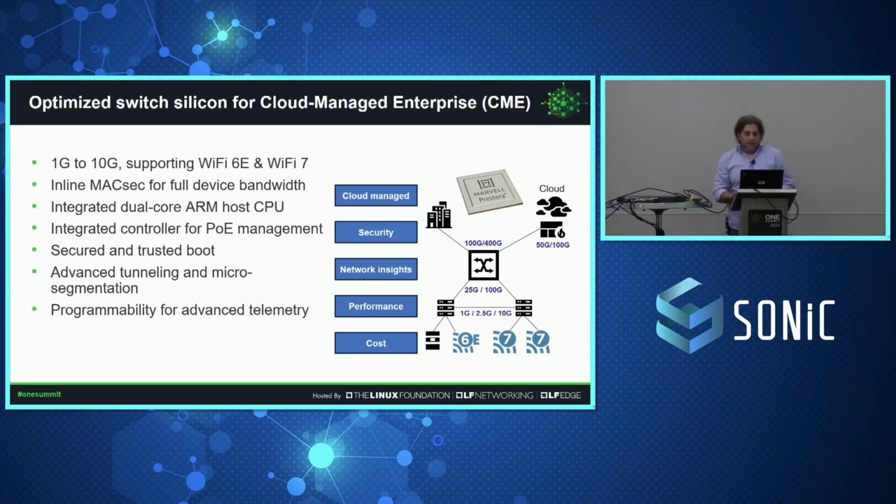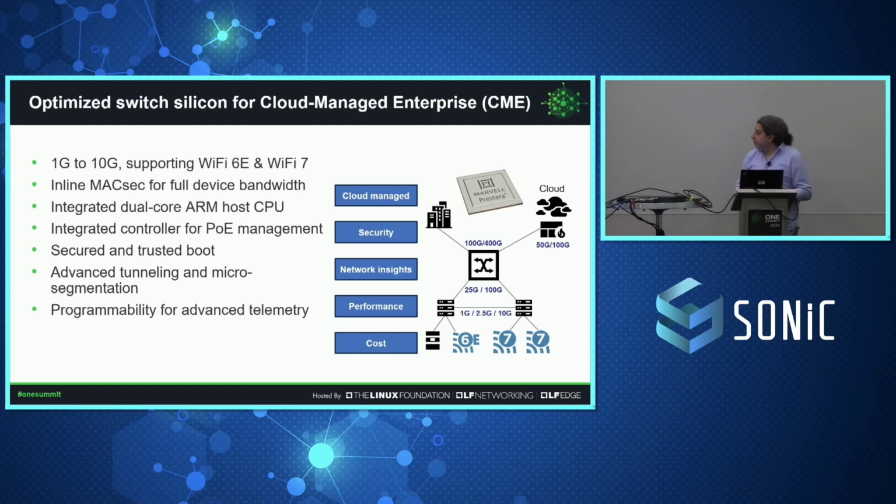Okay, so on the basis of all that, Marvell has created an optimized switch silicon for cloud-managed enterprise. It supports ports from 1 to 10 gig in order to support the new Wi-Fi 6E and 7. It also has new features like inline MACsec.